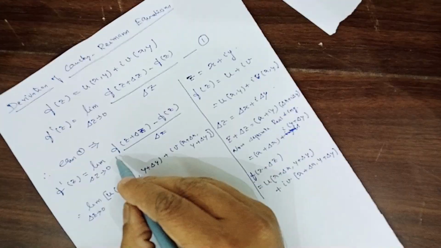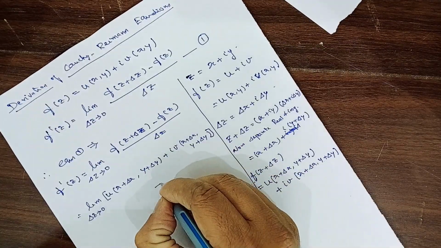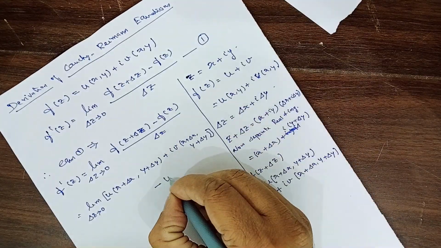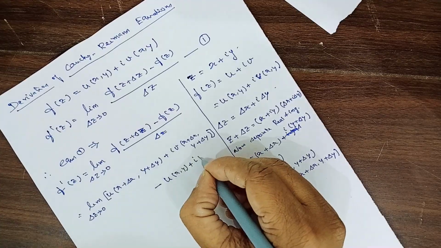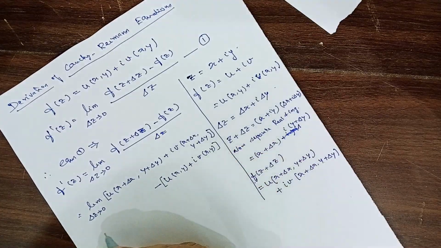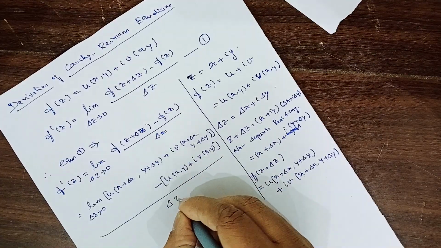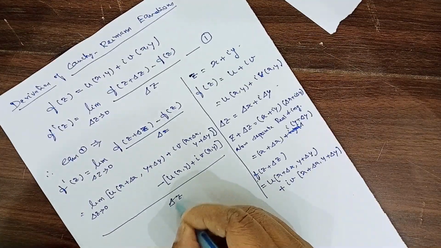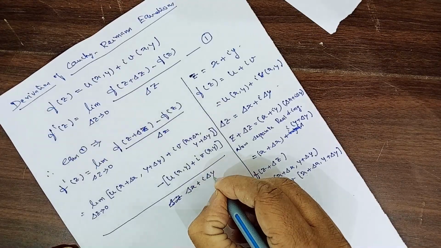This is the f of z plus delta z. Then minus the value of f of z. f of z is this, that is u of x comma y plus i v of x comma y, divided by delta z. You make it delta z, which is delta x plus i delta y. Okay.